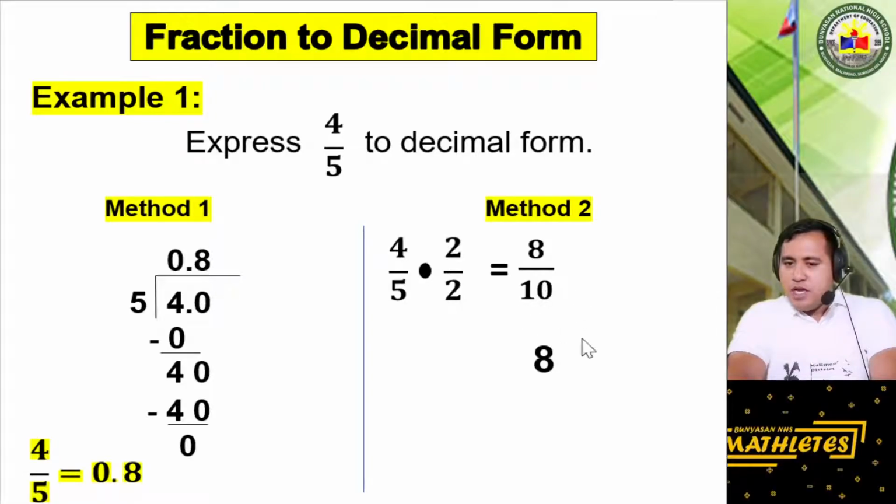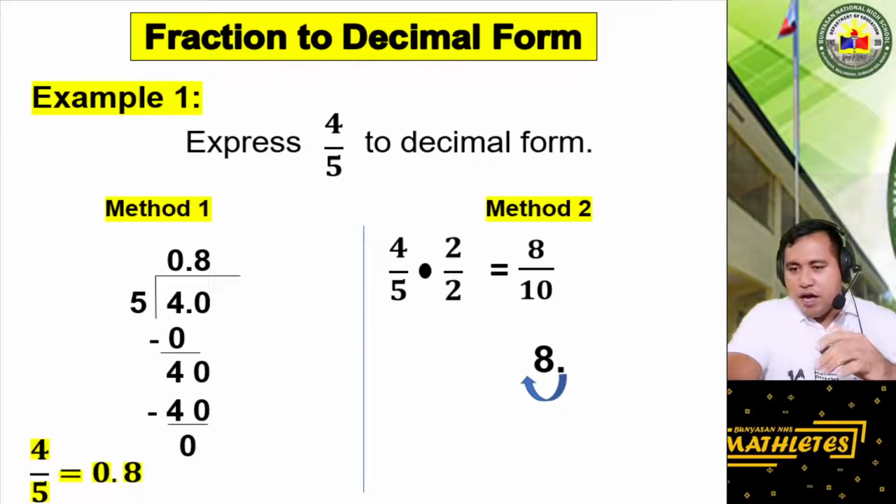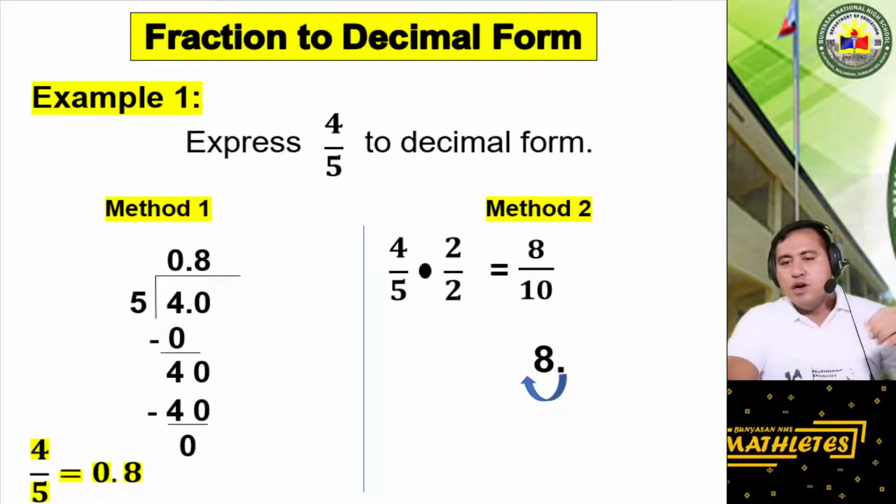Atong basihan ang denominator nga 10. Pila ka buok 0? Isa. So isa ka movement. We will move the decimal point to the left, 1 unit.